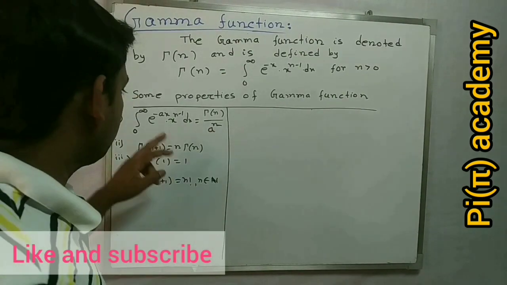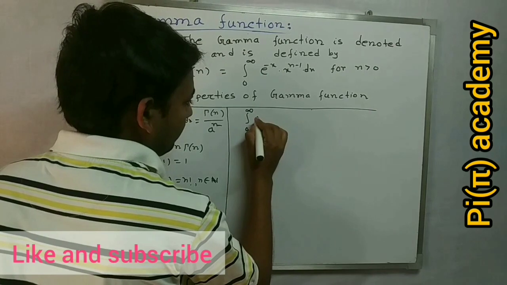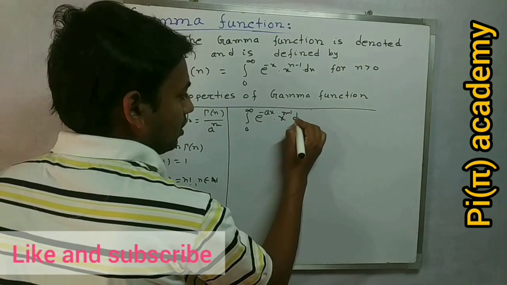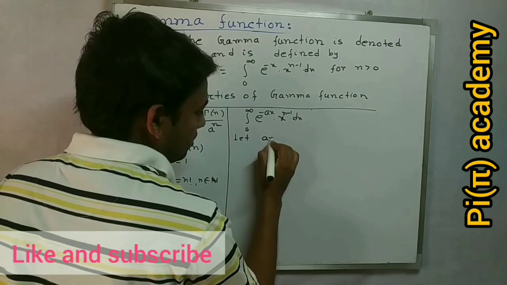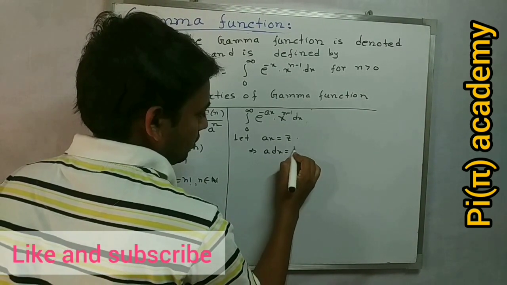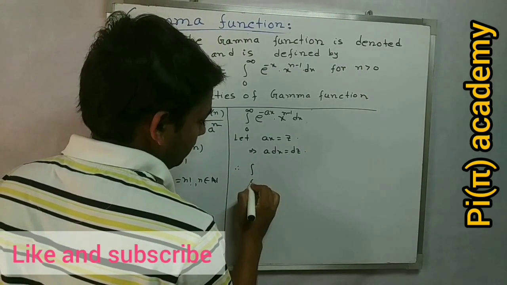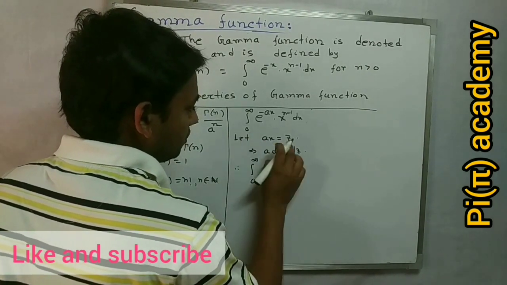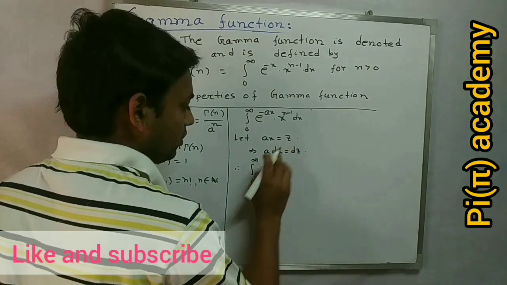First, I prove the first property. Here, the integral from 0 to infinity of e to the power minus ax, x to the power n minus 1, dx. Let ax equal z. This implies a dx equals dz. Therefore, if x is 0 then z is 0, and if x is infinity then z is also infinity.